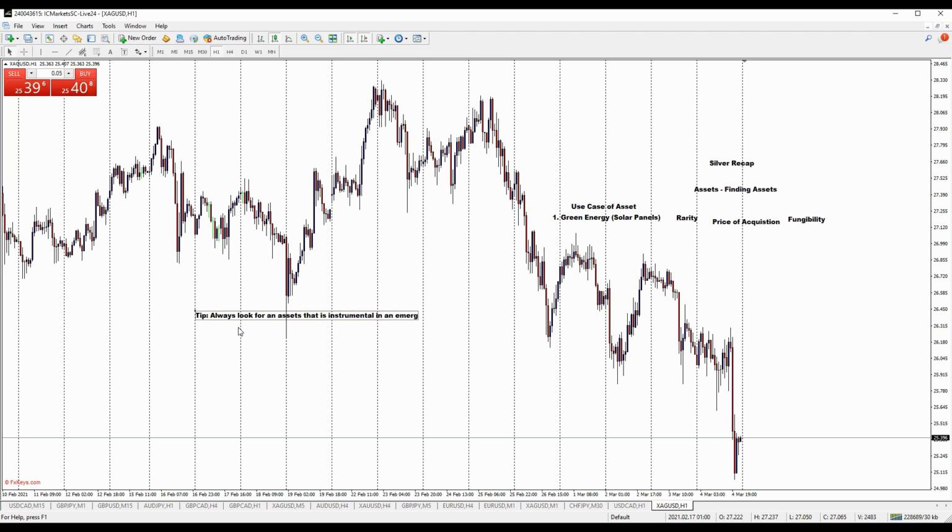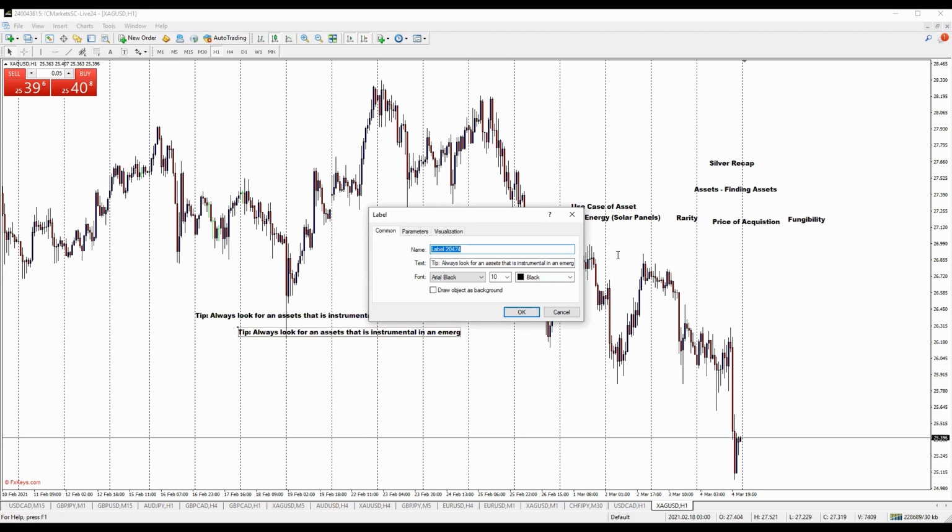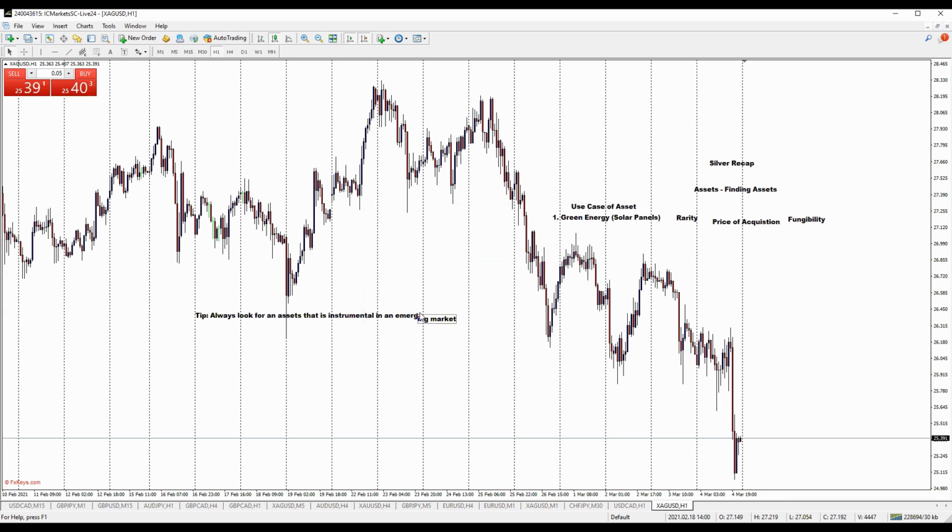I'm going to put this tip here so you can have some fun with this and start to look around. I am going to open up Google and we're going to go through some stuff, but always look for assets that are instrumental in an emerging market. I will go through emerging markets in more detail.